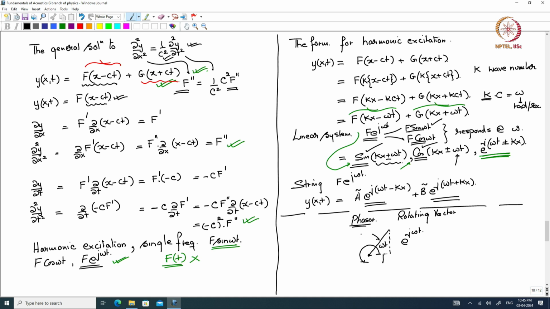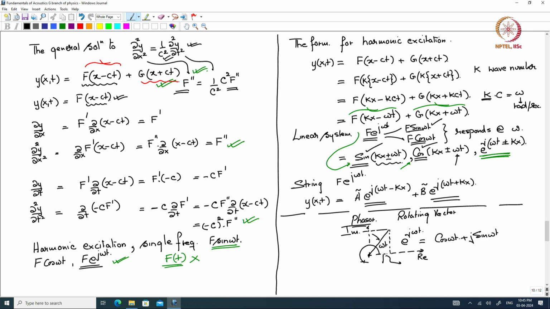So, if I have the real and imaginary axis, then this is equal to cosine omega t, the projection on the real side, plus j sine omega t, the projection on the imaginary axis.